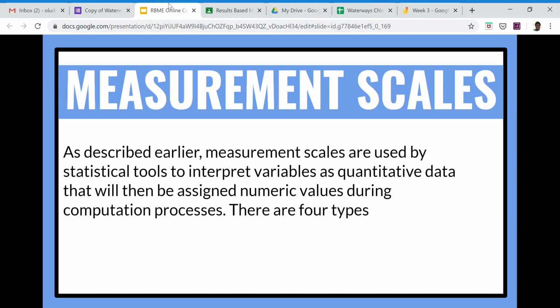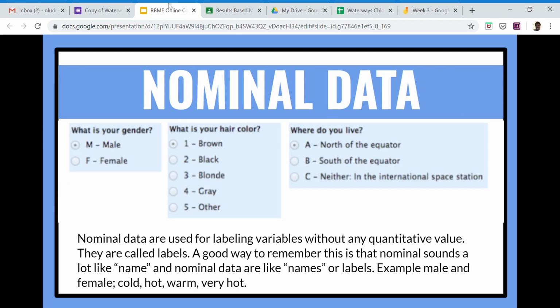So let's discuss measurement scales. Remember that we said you should be able to also identify the measurement scales for each of the questions that you have. So nominal data, like I said, I normally remember this using name. So anything in the form of a name means nominal to me.